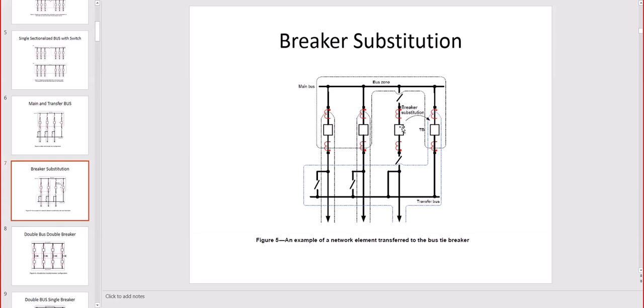You see on the left hand side of the TB we have a breaker that is open and the switches are open. So we want to take that out of service. How do we do that? Well, we're going to close the TB breaker and we're going to close the switch on the transfer bus for that feeder.